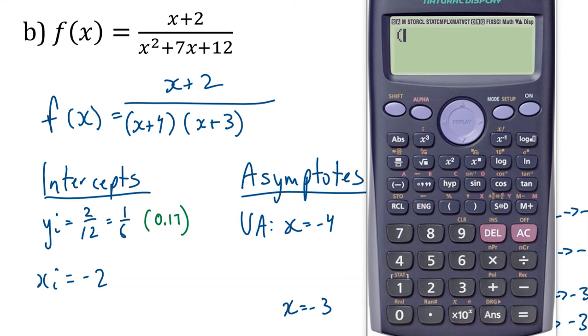So bracket -100 plus 2 bracket divided by bracket, I'm actually using two brackets here, -100 plus 4, bracket, -100 plus 3.